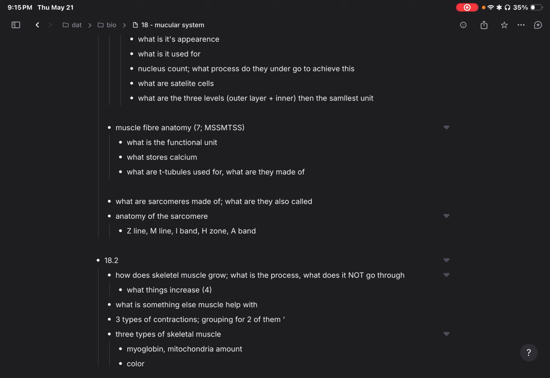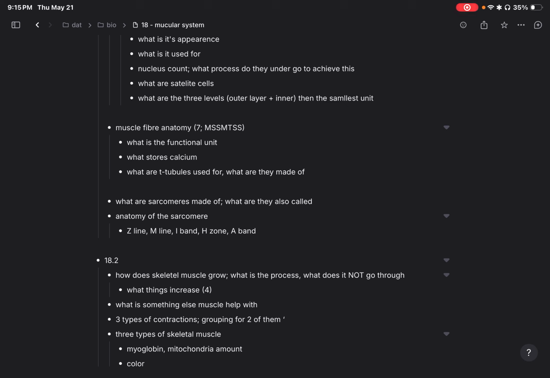Yep, T tubules, and then you're gonna have the sarcoplasm. Okay, wait, sarcoplasmic reticulum. Okay, those are right. Then mitochondria, T tubules, then the sarcoplasm. Then the sarcoplasm is gonna go down into the sarcolemma.